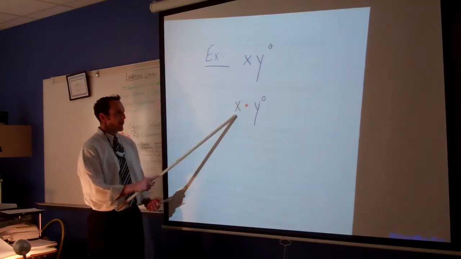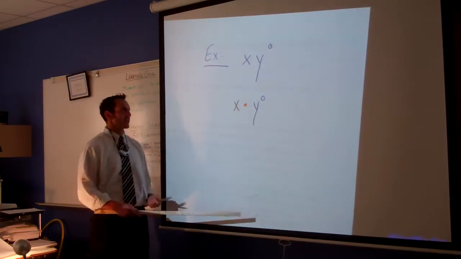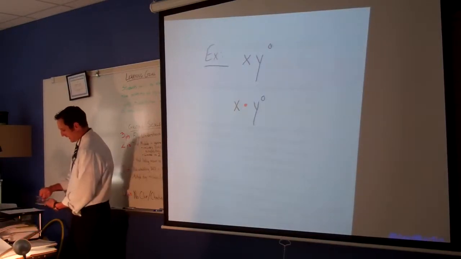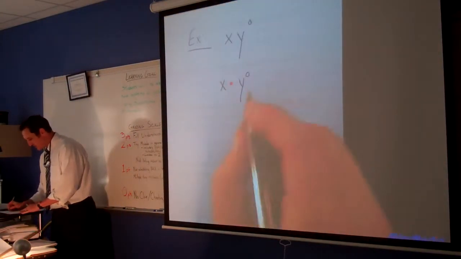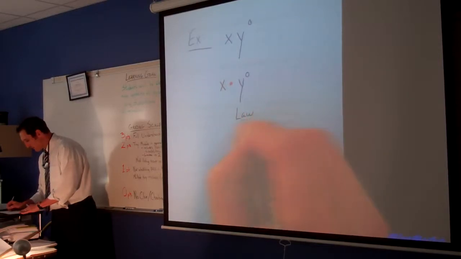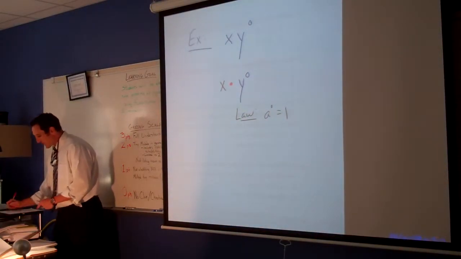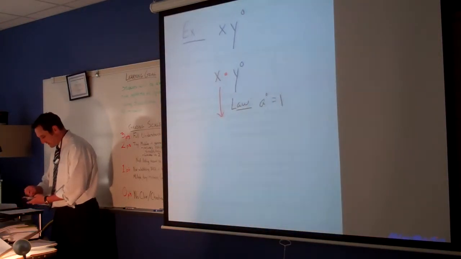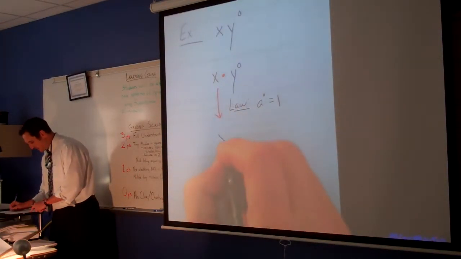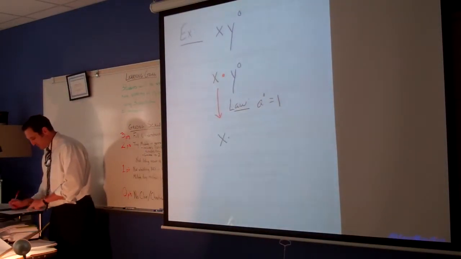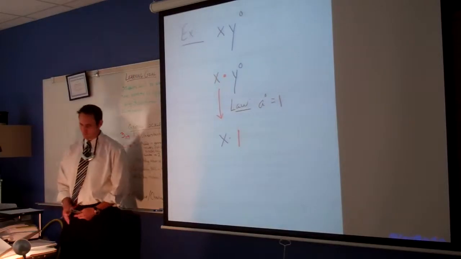So can we simplify x? No, it's just x. Can we simplify y to the 0 power? Of course we can. That is the law. So the law will only apply to the y to the 0 power. The x remains x. The y to the 0 power is what we're applying the law to, so that becomes 1.